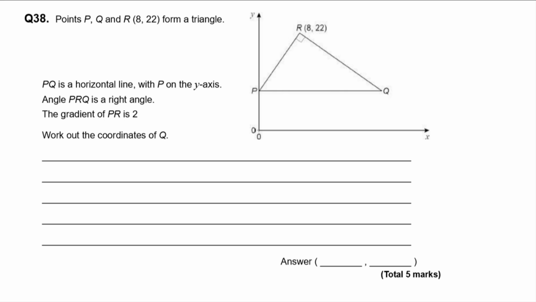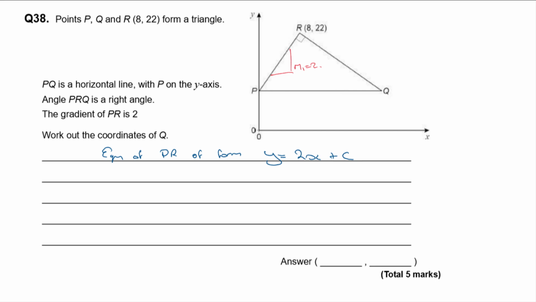Okay, it's interesting. Right, so we know the gradient of PR. PR has got a gradient of 2. So if I did change in y and change in x, I'd get a gradient of 2, wouldn't I? So the equation of the line PR is going to be of the form y is equal to 2x plus c, because we know the gradient is 2.